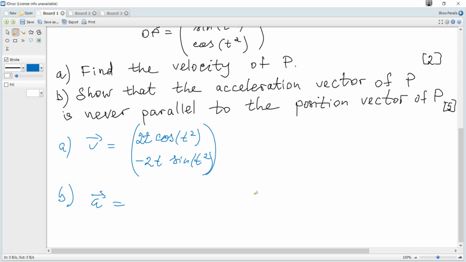And we should apply the product rule, and it says the derivative of uv is u derivative times v plus u times v derivative.